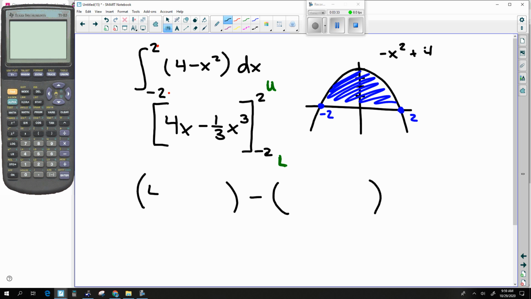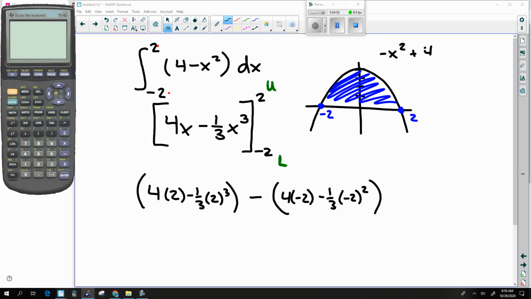So this is going to be 2 minus 1/3, 2 to the third. That's the upper bound. And then minus this at the lower bound, so negative 2 minus 1/3, negative 2 squared. So the evaluation at the upper bound minus the evaluation at the lower bound.